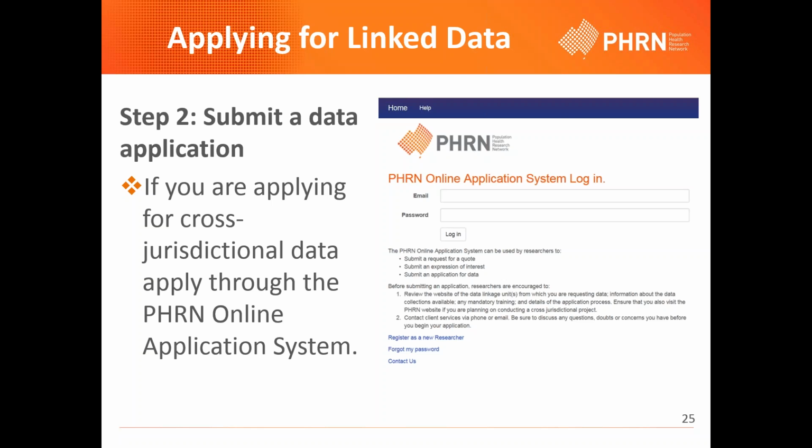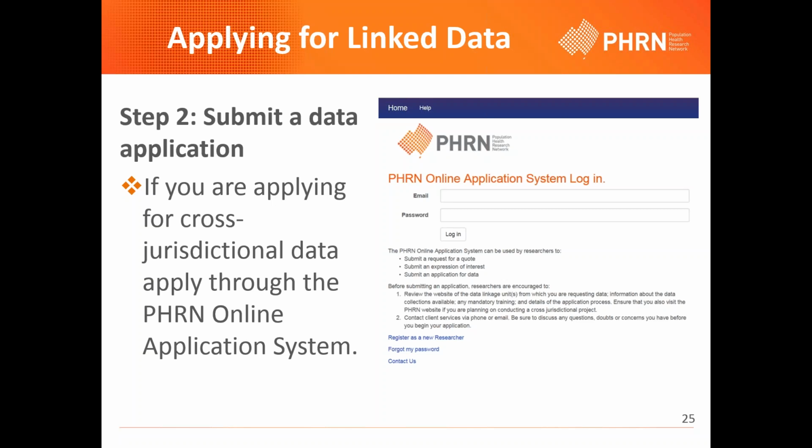And also, this is the one form that you'll use to obtain approval from all the different jurisdictions. It also enables the researchers to submit one application at the same time to all the data linkage units. Previously, this was not possible, but now we've got the online application system. It's a coordinated approach where once you submit it, all the data linkage units involved in your project will receive it at the same time.